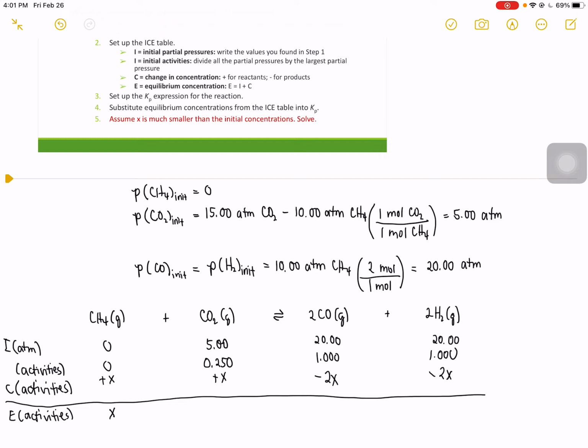So methane has an activity of X, carbon dioxide has an equilibrium activity of 0.25 plus X, and our two products each have the same equilibrium activity of 1 minus 2X.